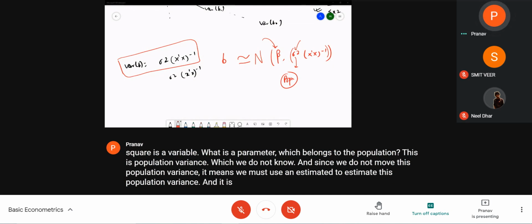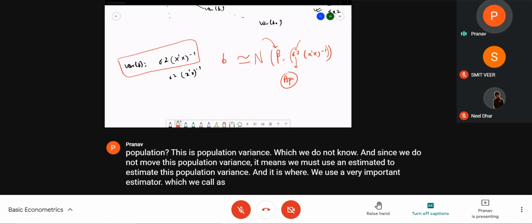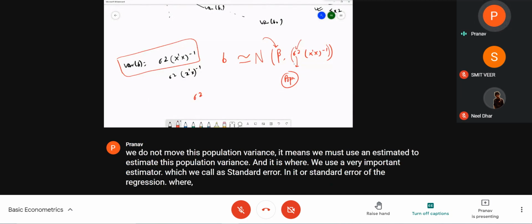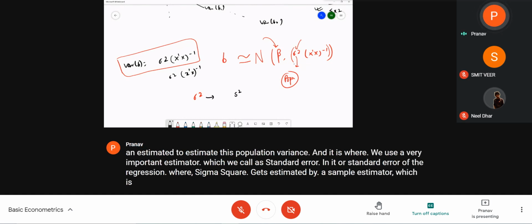And it is where we use a very important estimator which we call standard error of estimate or standard error of the regression, where sigma square gets estimated by a sample estimator which is written as S square, which is equal to RSS divided by n minus k.